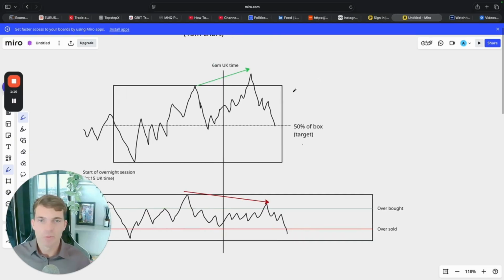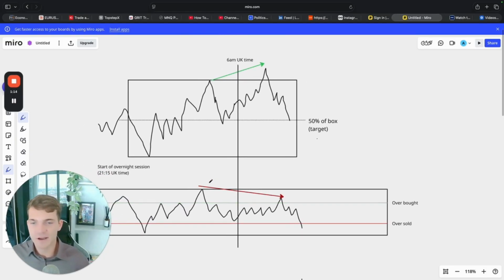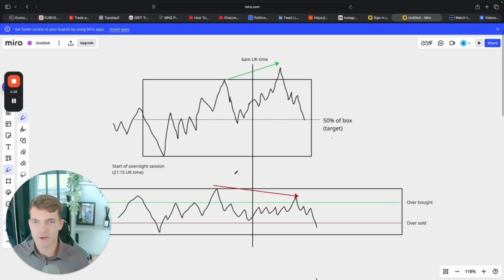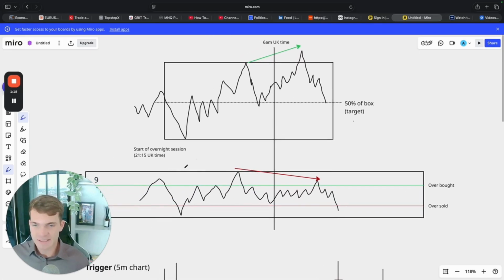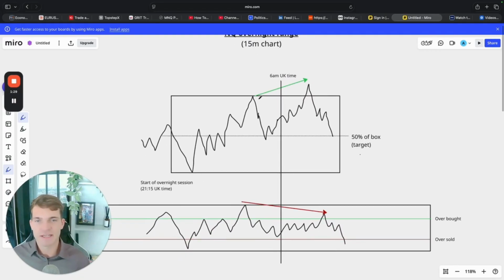Once you've marked out the low and the high and you've got your box drawn, what you're looking for is simply a break outside of this box, outside of 6 a.m. UK time. Once you've seen this breakout, all you're looking for is a divergence within the RSI. This is the RSI down here on setting number 9. This is very important. You must have it on number 9 setting. And an RSI divergence is simply where price is making higher highs, but the RSI is making lower highs.